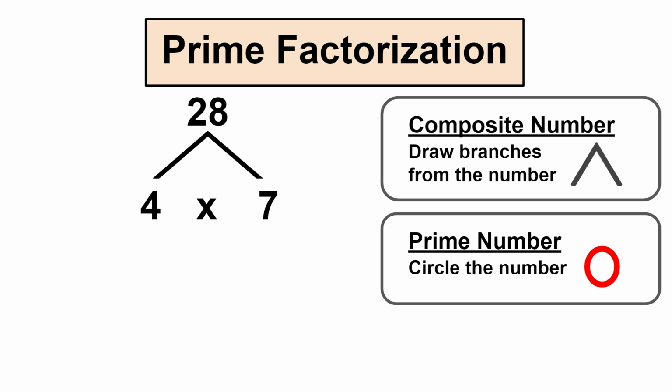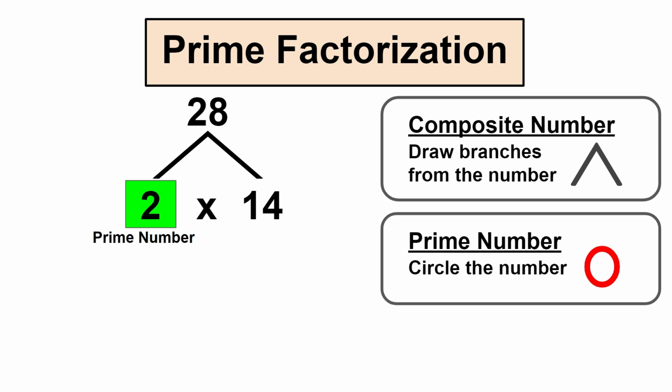So, back to the factors 2 and 14. Now remember, we're breaking down the number 28 into prime factors. So we need to collect every factor that we find of 28 that is a prime number. So far, we have 2 factors. Well, we know that 2 is a prime number since 2 can only be divided by itself and 1.